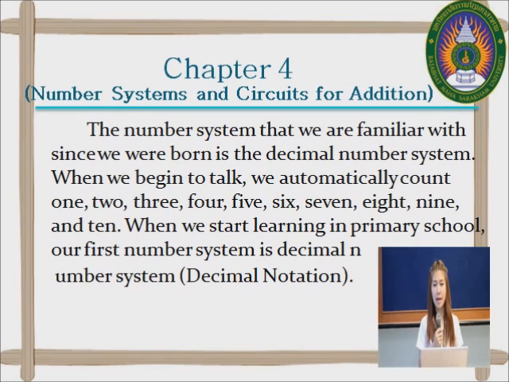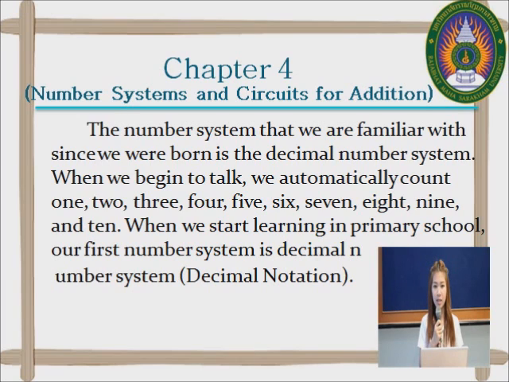Chapter 4. Number systems and sequences. The number system that we are familiar with since we were born is the decimal number system. When we begin to talk, we automatically count 1, 2, 3, 4, 5, 6, 7, 8, 9, 10.